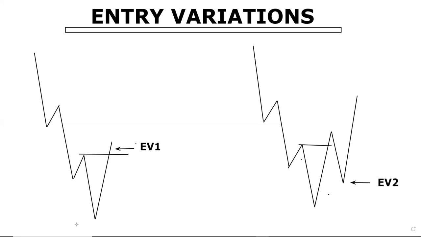Obviously, the stop loss has to be at the low on entry variation 1, and at the low right here on entry variation 2. With entry variation 2, our entry is at the 61.8 pinpoint, while with entry variation 1, our entry is pinpoint at the break of structure. So that's the difference between entry variation 1 and entry variation 2.